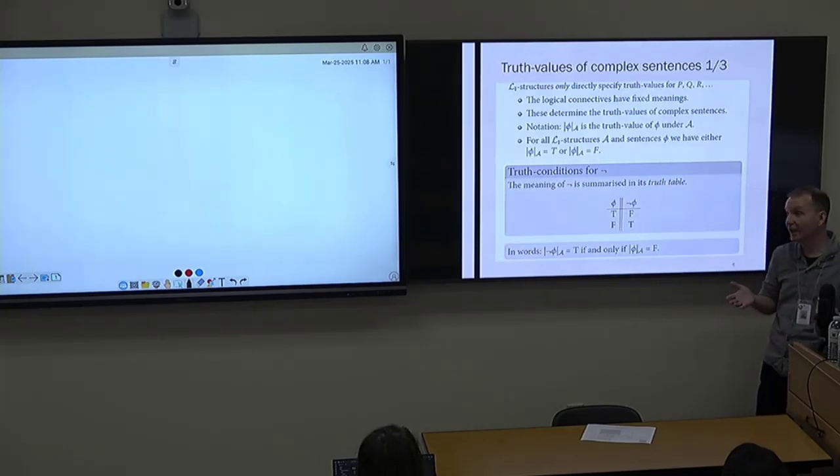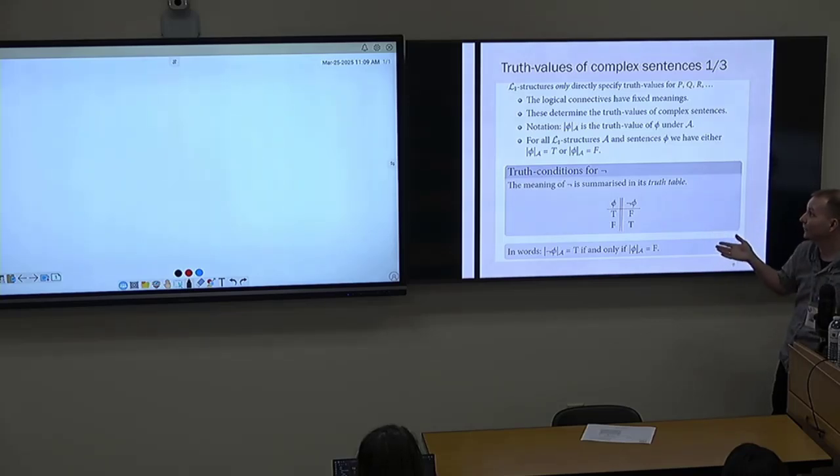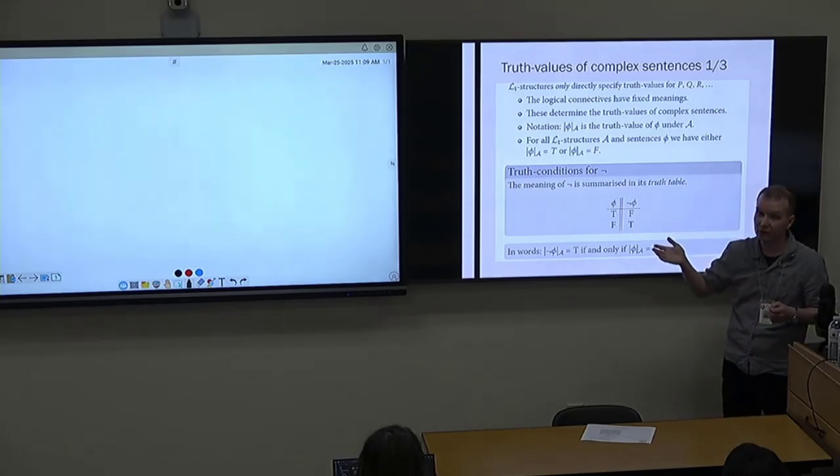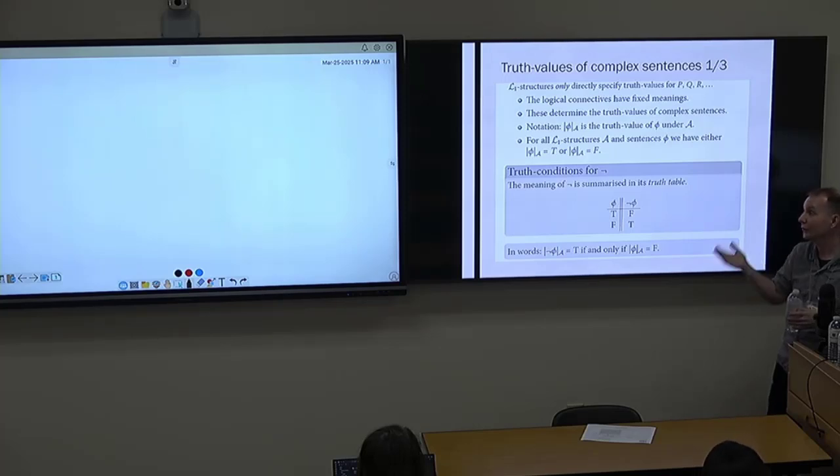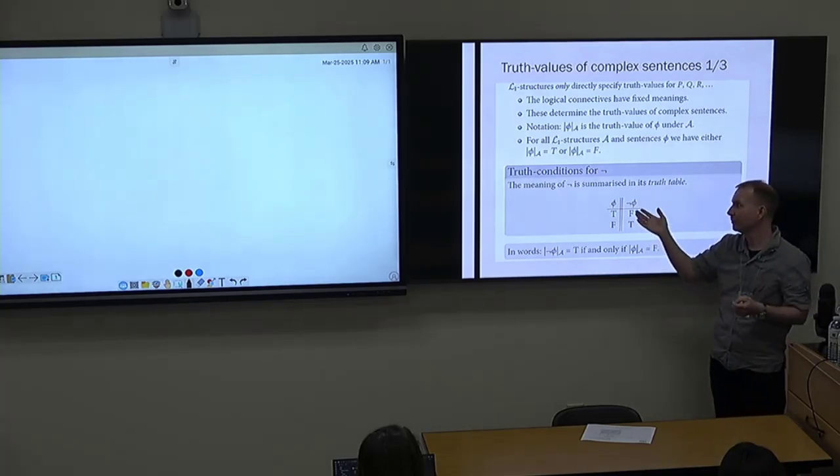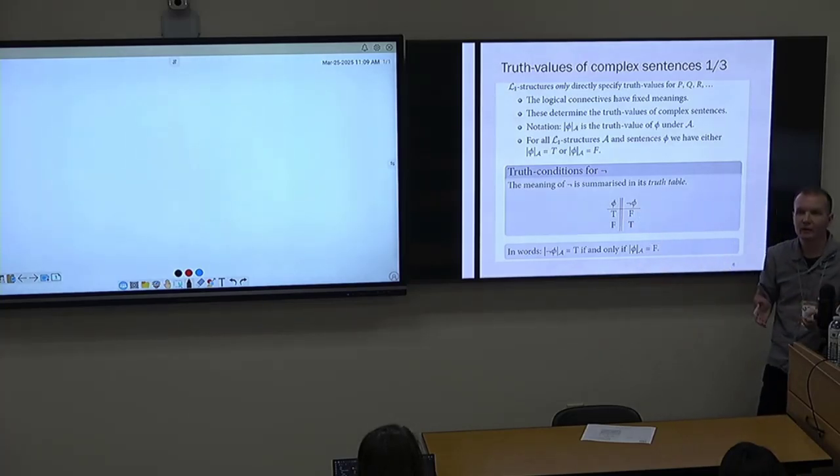Now, truth tables can be created for all of our operators, showing what truth values any two propositions will have with these specific operators. The easiest one, remember, is negation, because here you only have two possibilities.